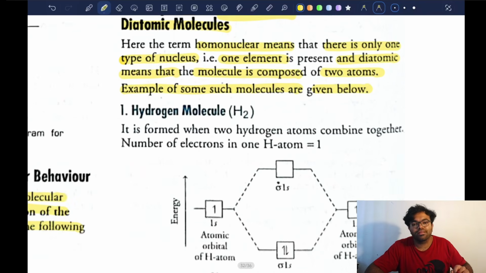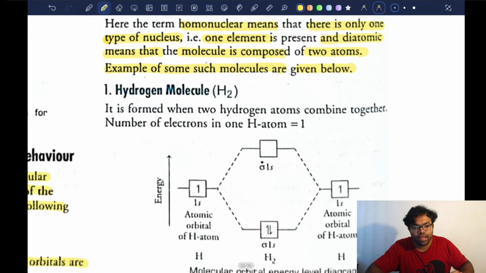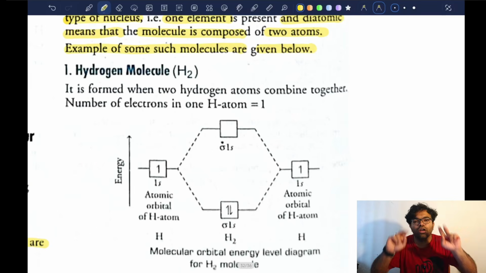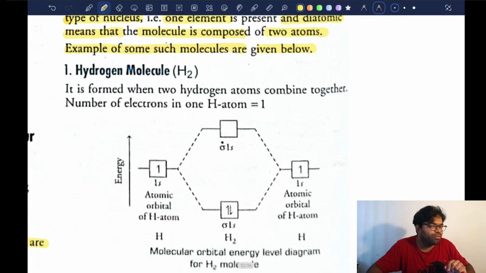First one is the hydrogen molecule. Two hydrogen atoms are coming together to form the hydrogen molecule. They are bringing with them one electron each, to give us two electrons. There is one electron present in the atomic orbital of each hydrogen atom. So two atomic orbitals come together to form two molecular orbitals, the sigma 1s and the sigma star 1s.